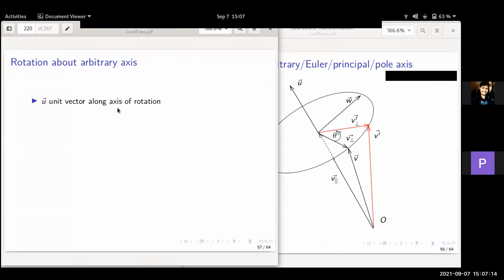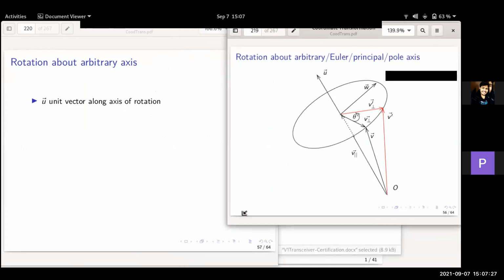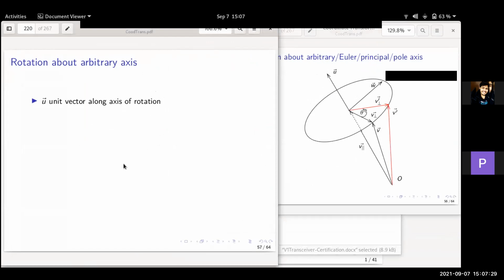Okay, so u is the vector about which the rotation is done. Observe that. And then v is the vector before rotation. v dash is the vector after rotation by an angle theta.